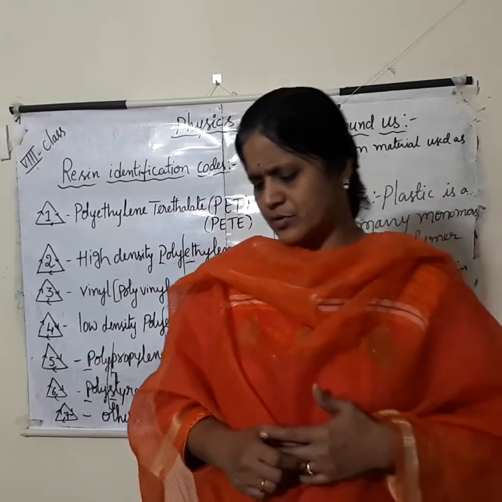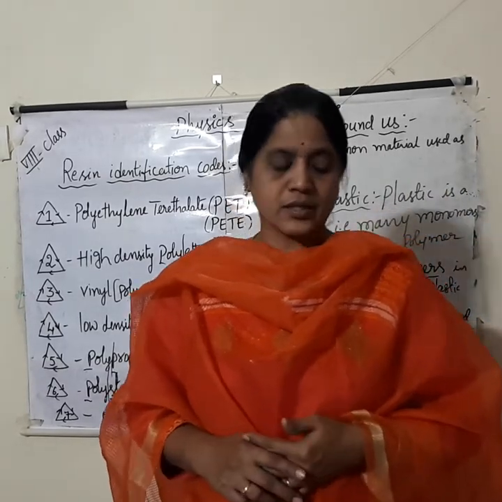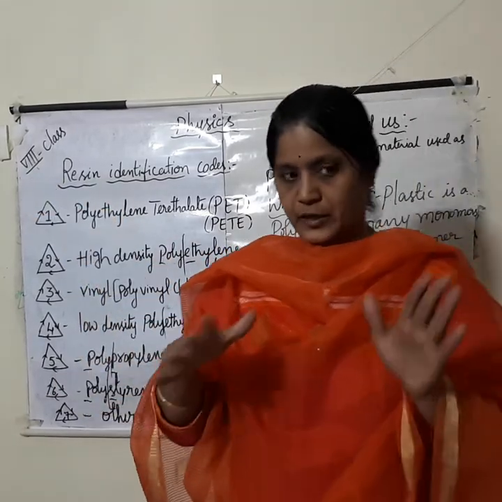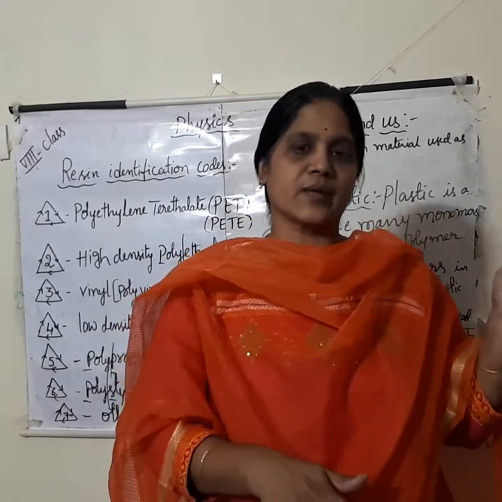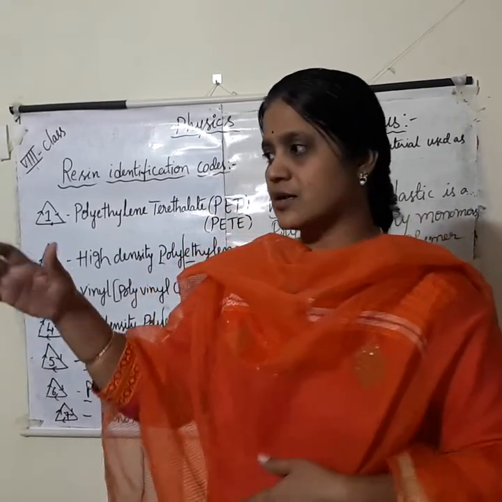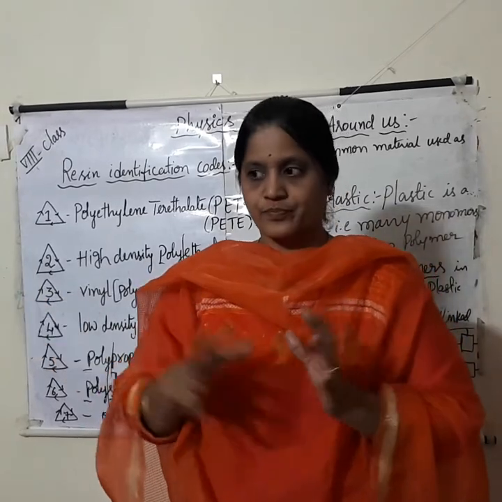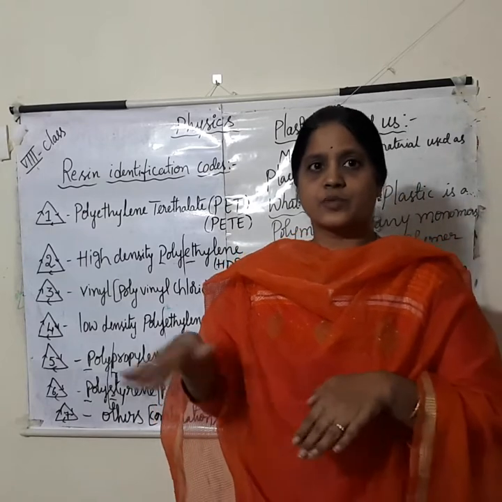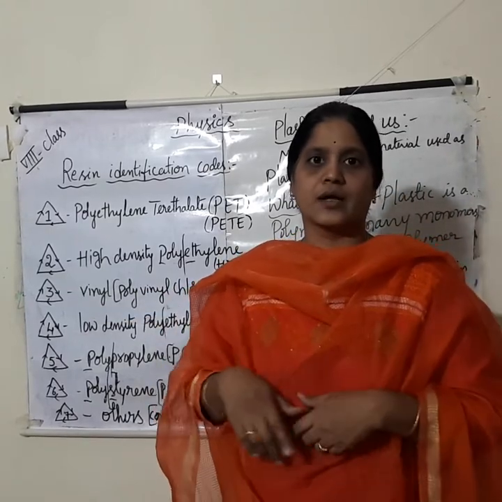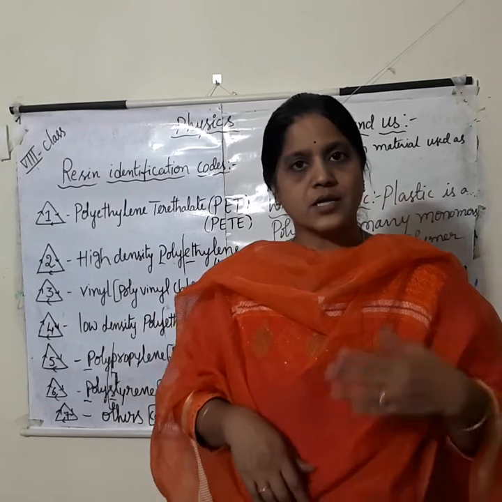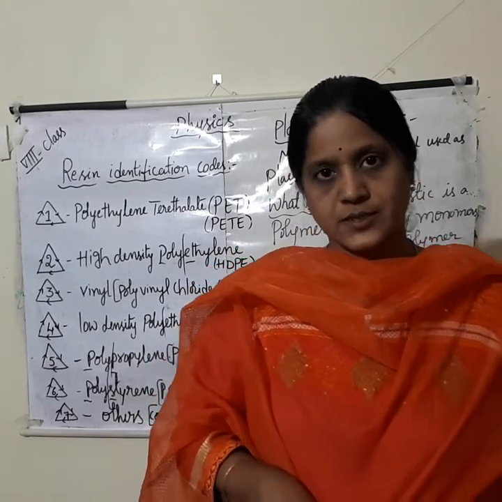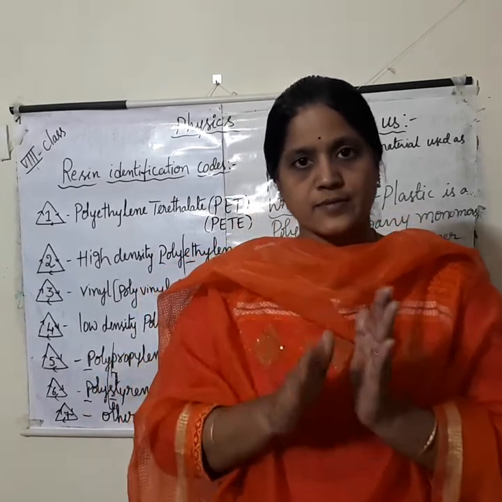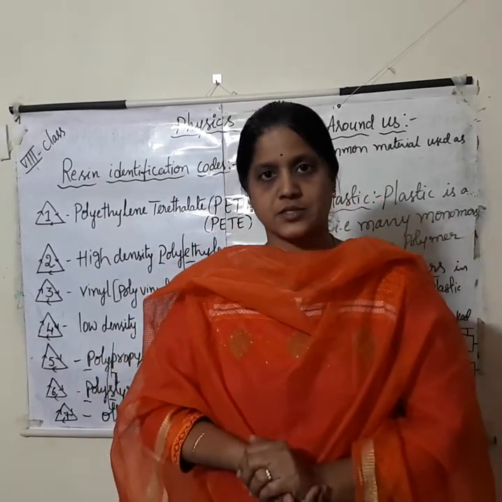Did you observe in the malls that particular products carry a name? These are melamine products, these are bakelite products, like dinner sets and all. So there are two types, thermoplastics and thermosetting plastics.